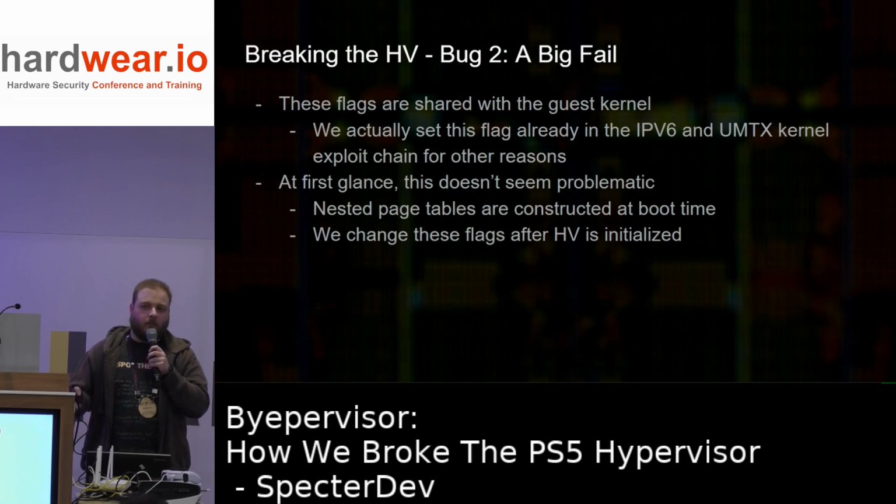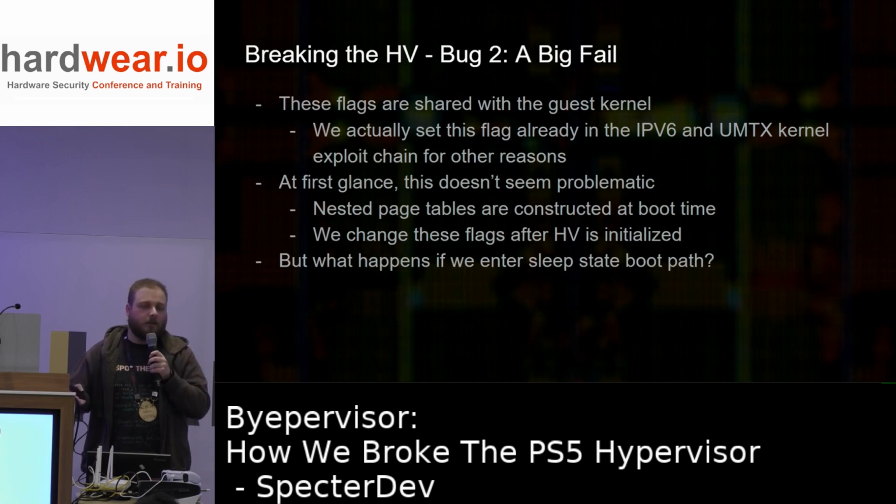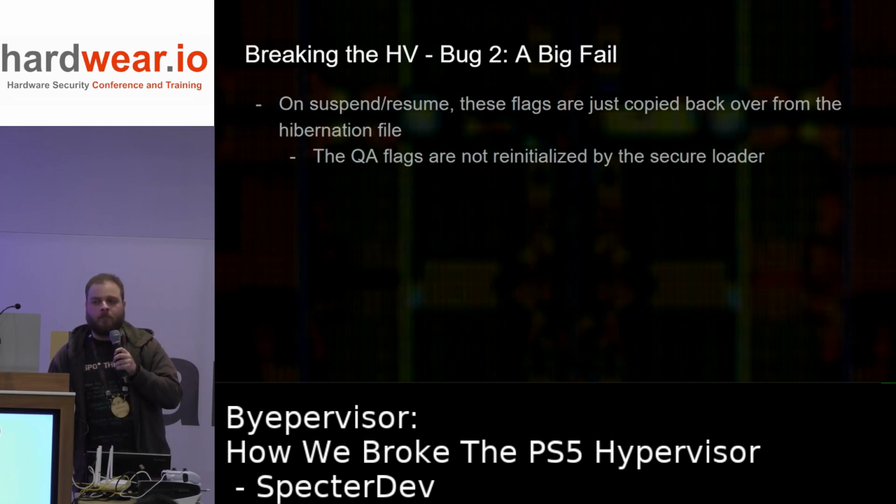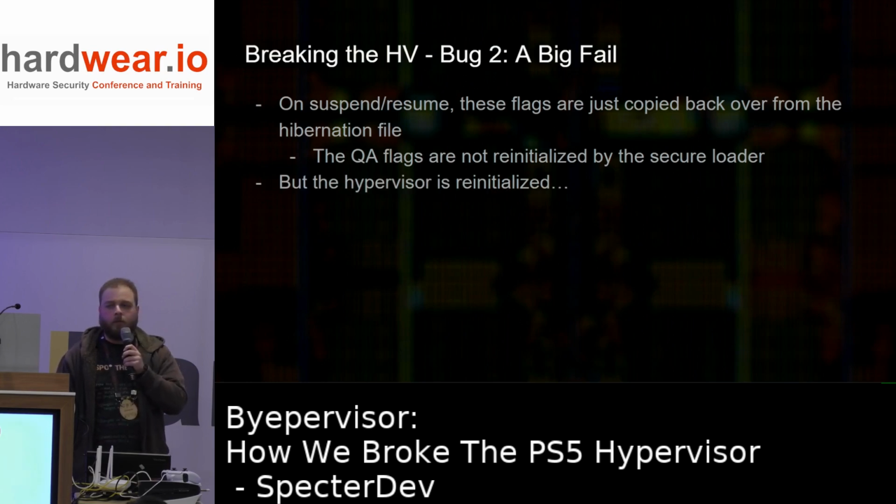So it seemed like maybe one of those bugs where it is a problem, but it's not really a big problem. But what happens if we enter a sleep state boot path? Well, on suspend and resume, these flags are just copied back over from the hibernation file. The QA flags aren't reinitialized by the secure loader, but the hypervisor gets reinitialized.